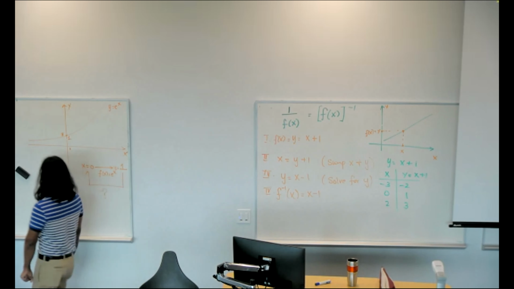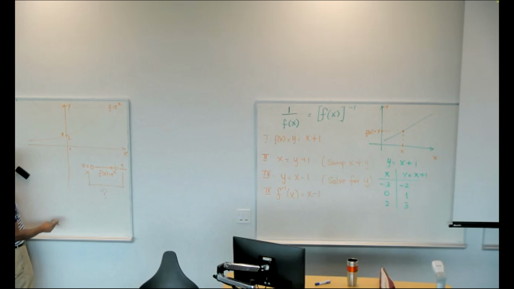So what we do is we simply call the function using a different name. Let's say f of x is equal to e raised x.